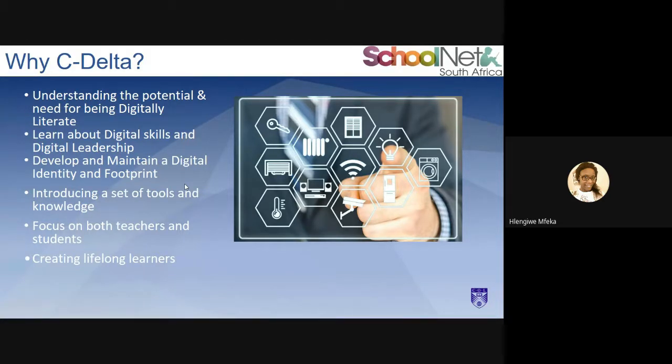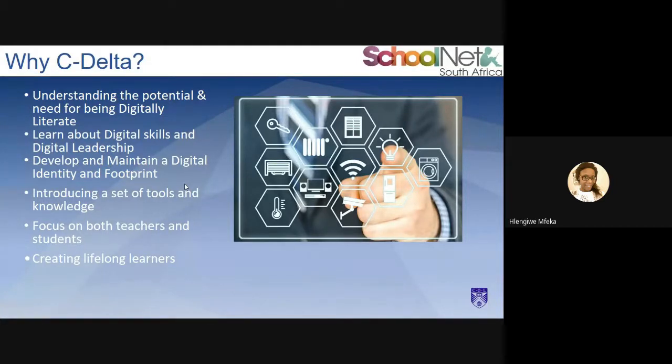The first one is that you will be exposed to and gain understanding as well as insight about the potential and the need for being digital literate.